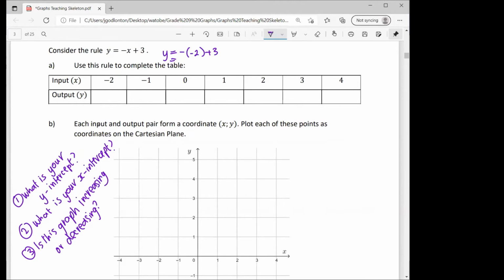Yes, you stole my limelight, but well done. I'm very excited that you did. The answer is definitely 5 here because you see this negative and that negative becomes a positive 2 plus the 3, which gives me a 5. But what you've made is a very normal mistake. So just be careful. For those of you who didn't get 5, just be careful there. Nice. Great. Okay, so my first answer would be -2 and 5. That's what my first coordinate would be.